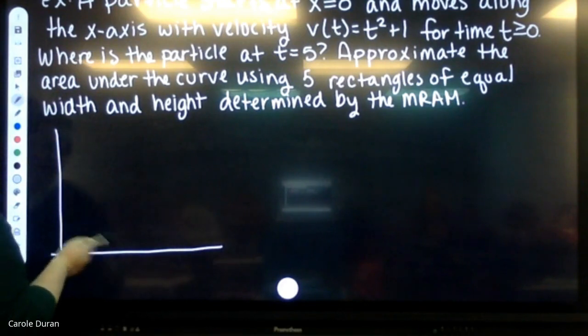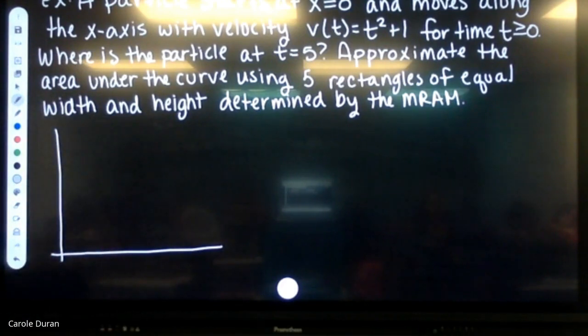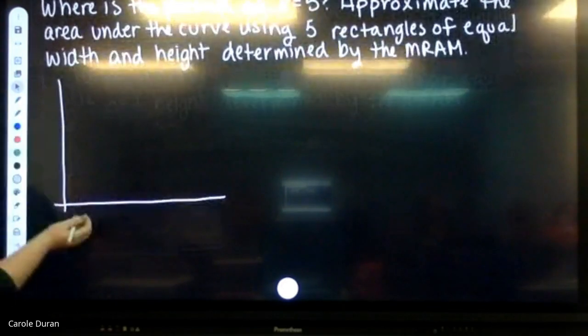So on this picture, it's going to be a coordinate plane. I'm only looking at quadrant 1 because I can only have a positive distance and a positive velocity here. And I know that my time is going from x equals 0 to x equals 5. So my entire x-axis has to go from 0 to 5.